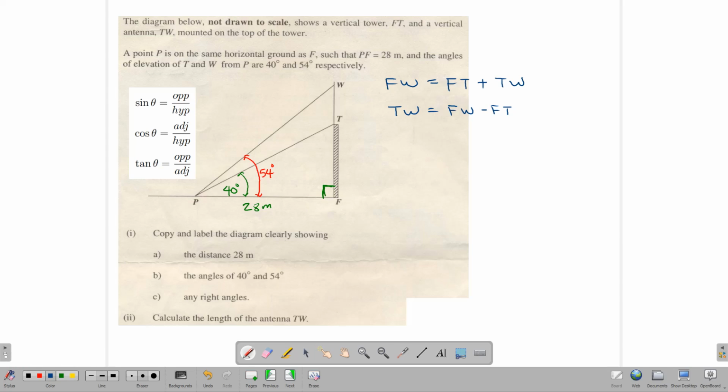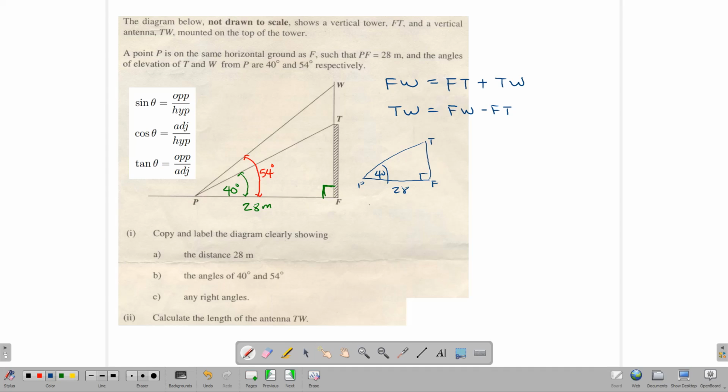So let's draw our first diagram. Let's take out this triangle here and have a look at it. So here we have 28, we have 40, and this is our TFP. Now we want to find FT. So look at it here. This is opposite, straight across from the angle, that is adjacent, and that's telling us that we must use tangent.